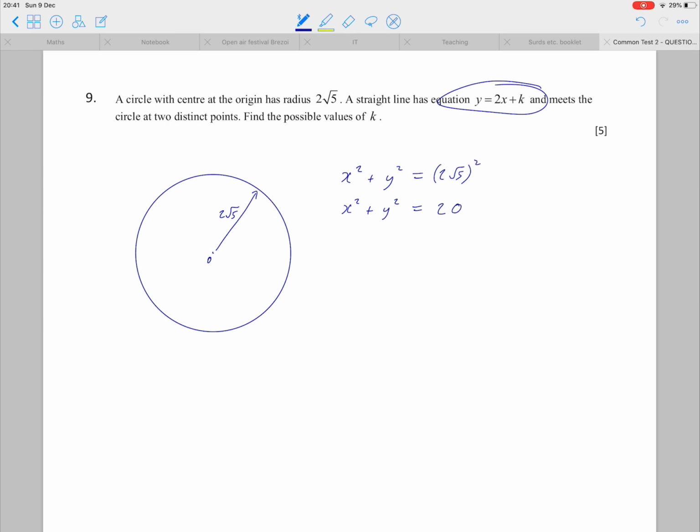And it's intersecting this here. Well, whenever you're dealing with intersections between algebraically defined mathematical objects, simultaneous equations is the way to go. So we know that y is 2x plus k, so I'm going to write y as 2x plus k.